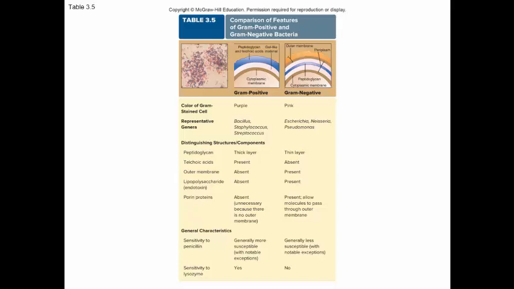If it would inflate, it would be held back from completely inflating and then bursting by the cell wall. But what's the wall made up of? When you're gram-positive, you have a thick peptidoglycan layer. Teichoic acids are present, and you have no periplasm. With the gram-negative, you have a thin peptidoglycan layer, no teichoic acids, and the periplasm is present.